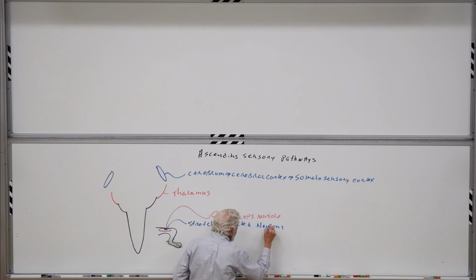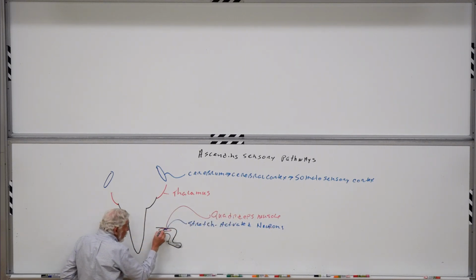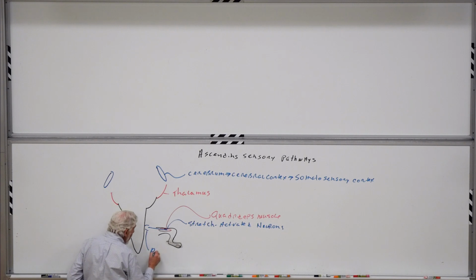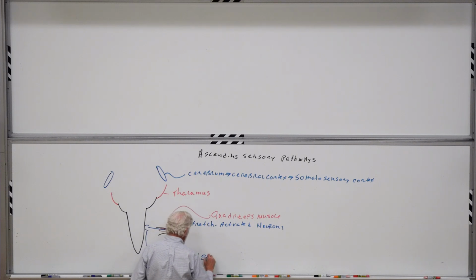The input region of these stretch-activated neurons was embedded in the muscle itself, but these were primary sensory afferents whose cell bodies were located in the dorsal or posterior root ganglion.